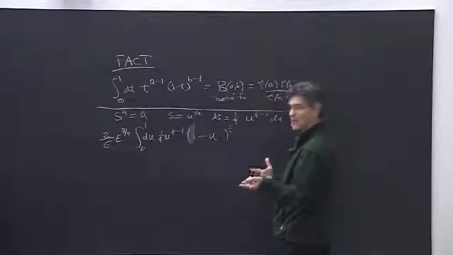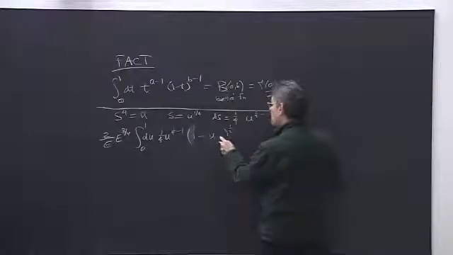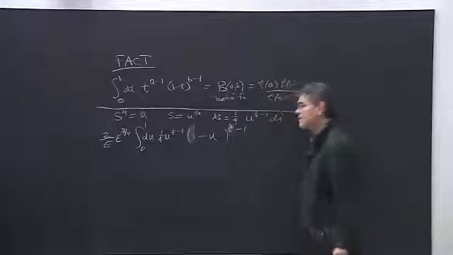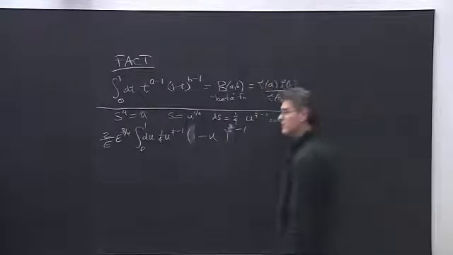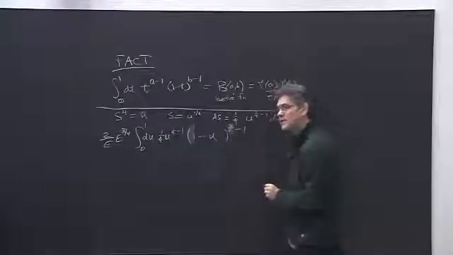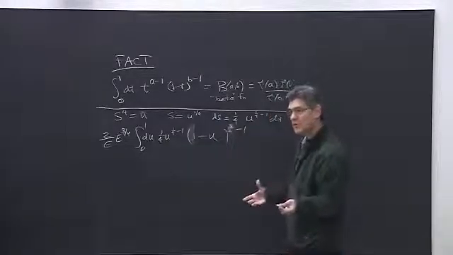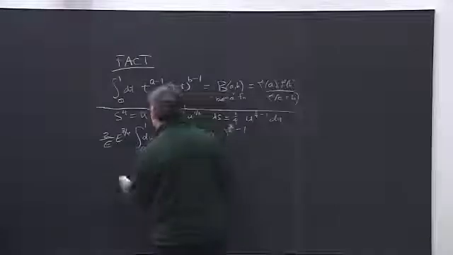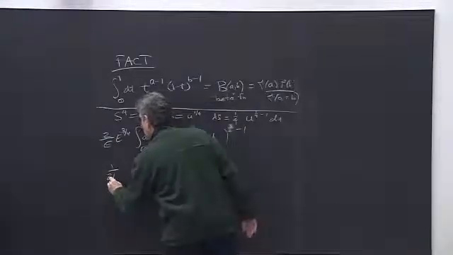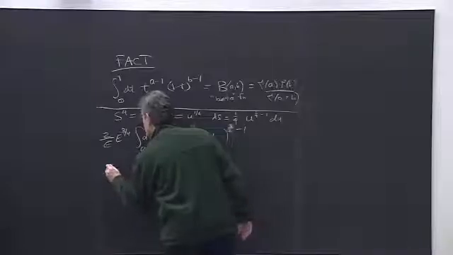But the natural way to write it is 1 minus u to the 3/2 minus 1. Because you see what we've got? 1/4 minus 1, 3/2 minus 1. Isn't that beautiful? So this becomes 2 times 1/4 is just 1 over 2 epsilon times e to the 3/4.